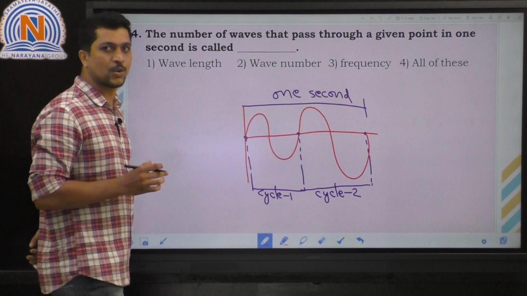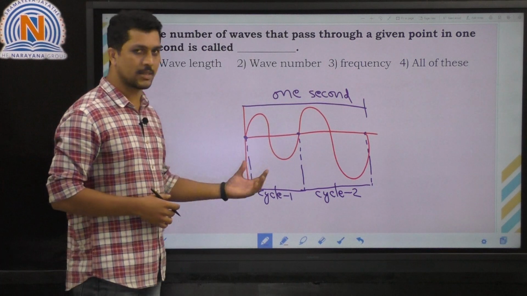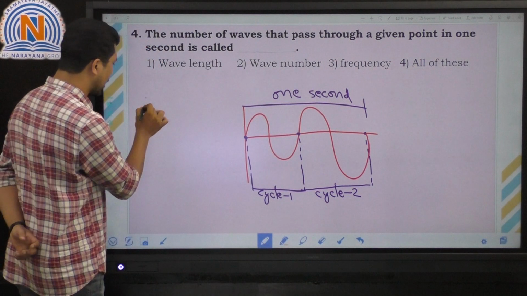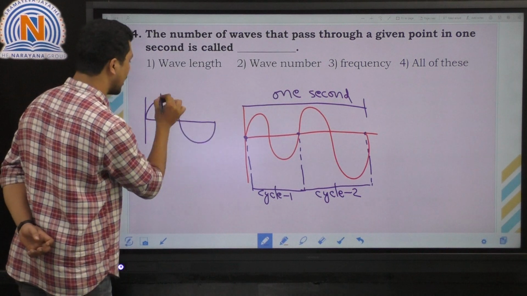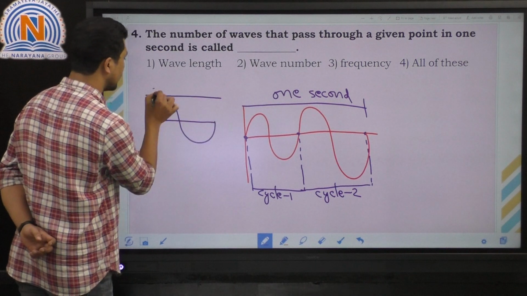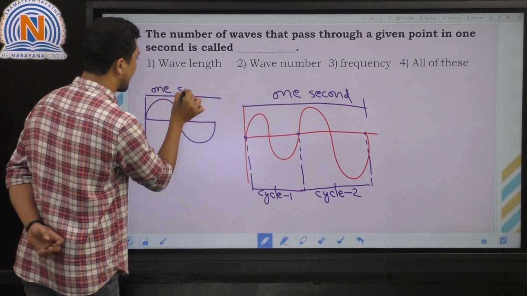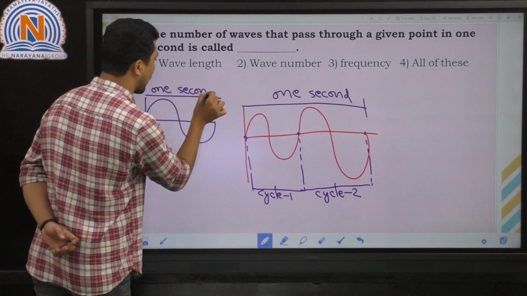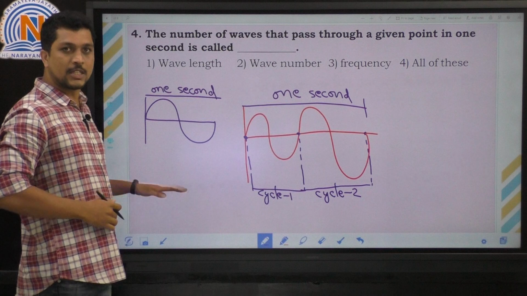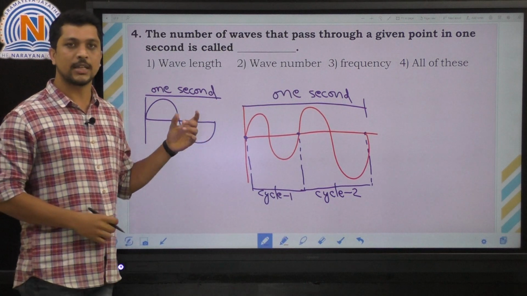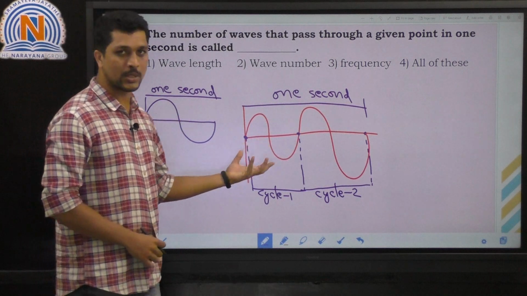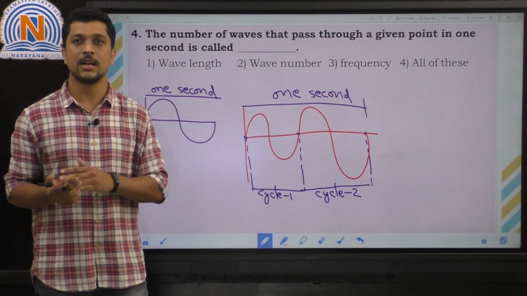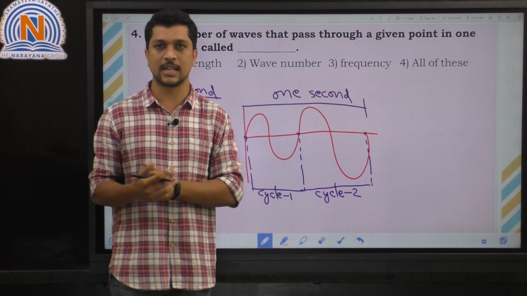In other waves, for example this another wave, only 1 cycle passes through a certain point in 1 second, and this one 2 cycles. So different waves pass a certain point with different cycles.